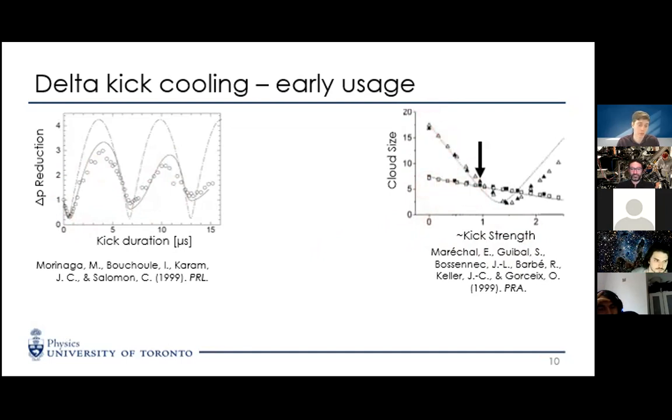The squares were at the first time, and the triangles are at the second time. So this point where I've drawn this arrow, where at the 2 times the cloud has not expanded very significantly after the kick, corresponds to when I have done my best collimation of the cloud. I've reduced the momentum spread as best I can.